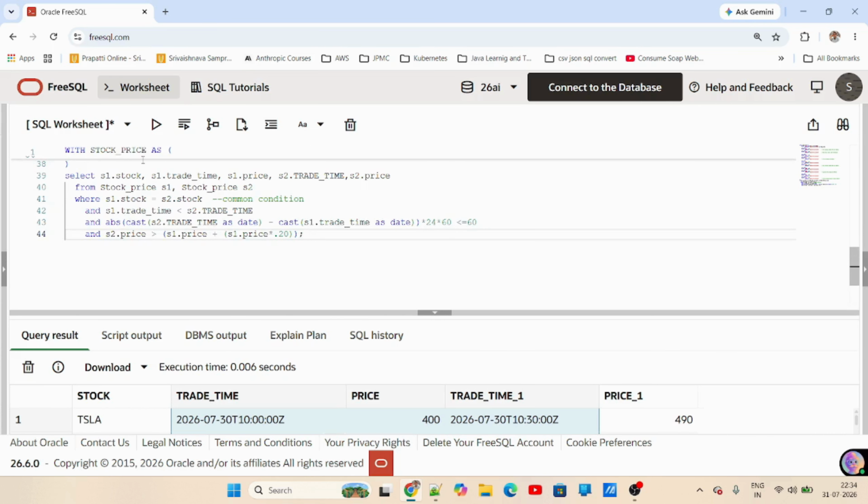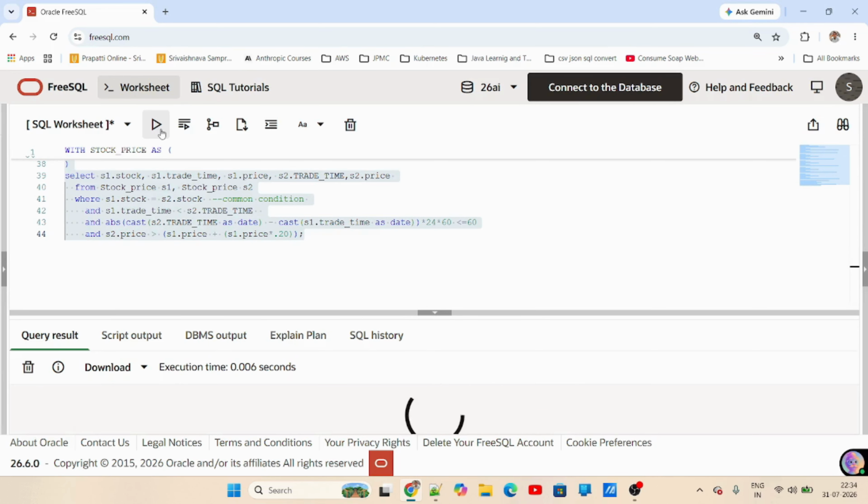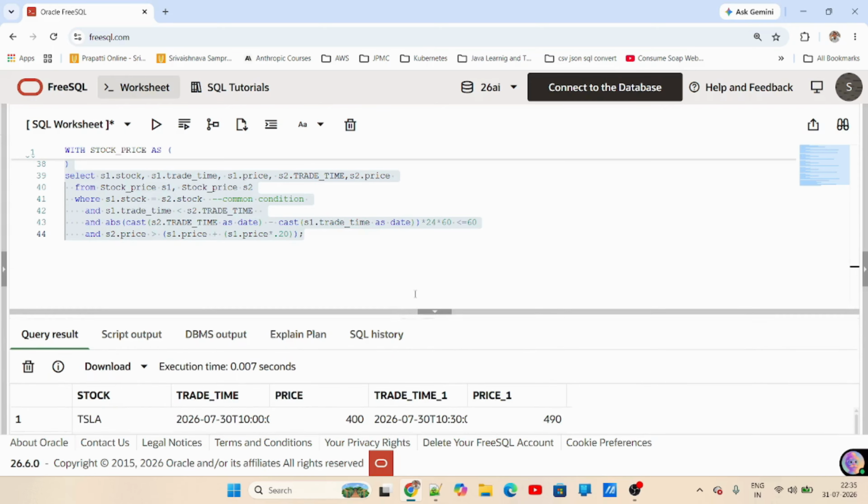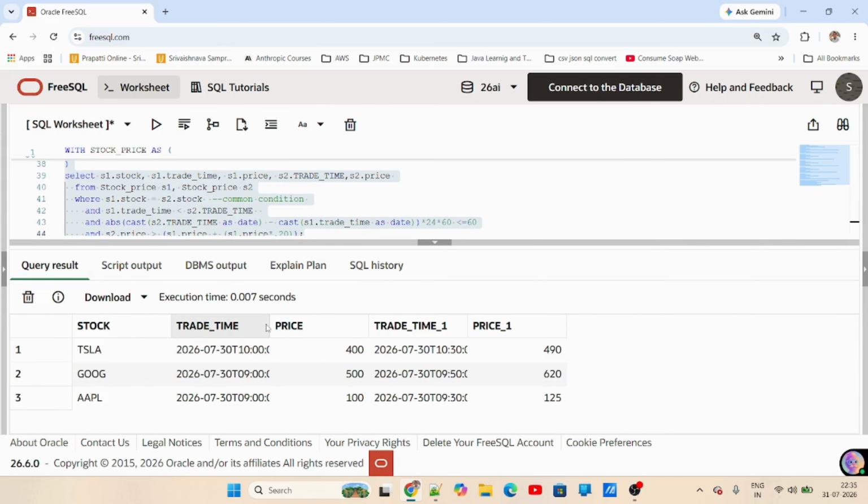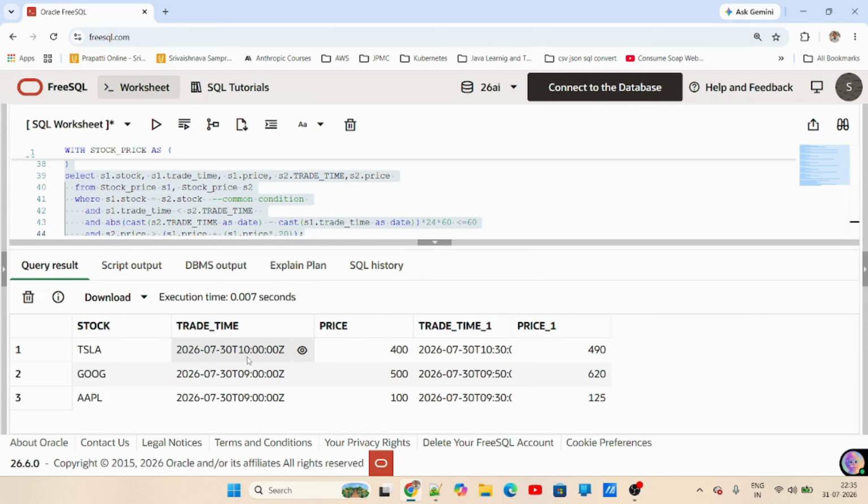Now let's run this and see what is the output. As I told you, Tesla, the example that we saw, right? See, the trade time is starting earlier at 10 a.m. it was 400, and at 10:30 it is 490. So now it has increased by 20% also, and the time window is also within 1 hour, less than 60 minutes.